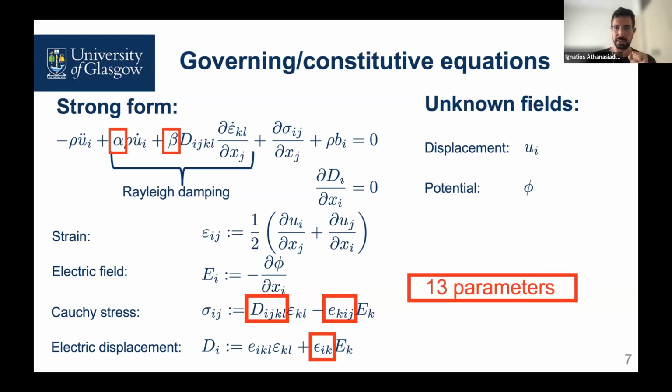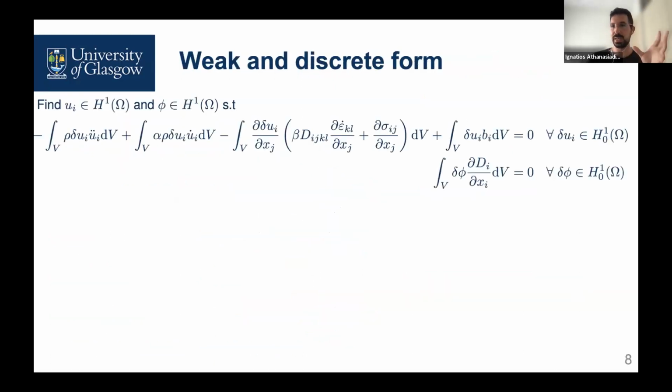So at the moment, these are 13 parameters that we would like ideally to find for the characterization. And in order to solve these equations, we use the finite element formulation.